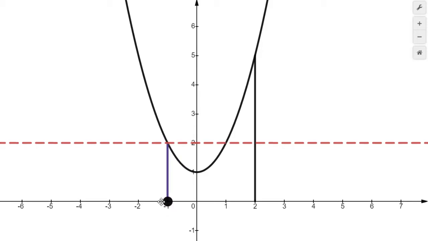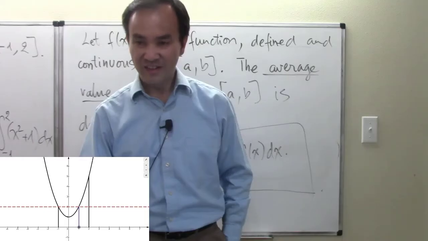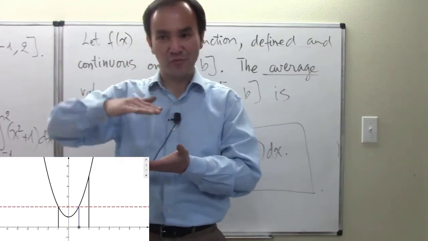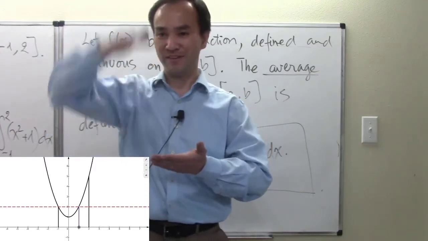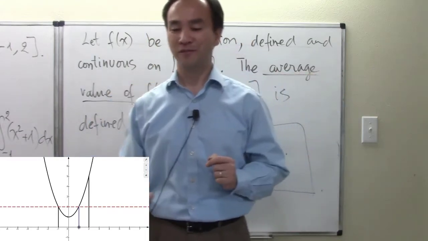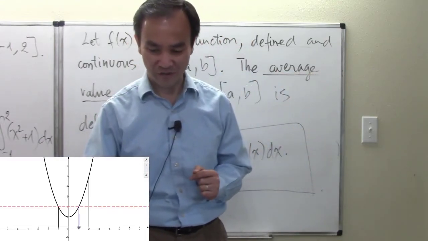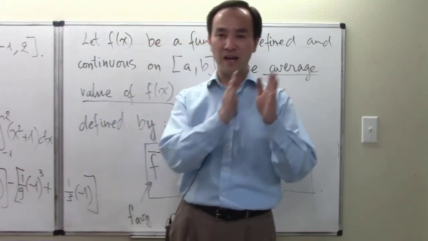Right at the first point of the interval, we already have a height that reached 2, and somewhere else inside of this interval, we have another instance where we reach the same height being 2. But that height, y equals 2, is considered the average value of all the heights. So heights go up and down all over, but the average is 2 for this particular function inside of that interval from -1 to 2.